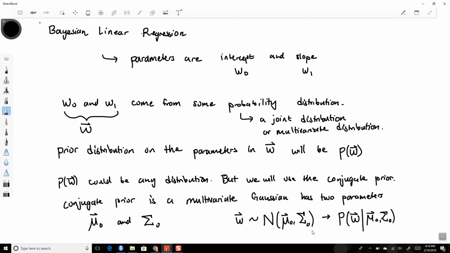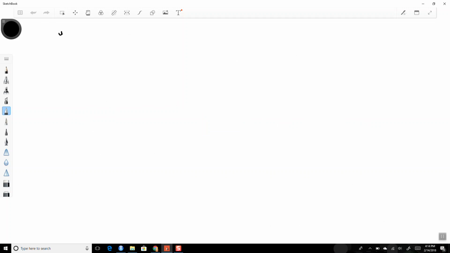And so following Bayes' rule, what we want is the posterior, which is going to be the probability of our vector W given the data, okay? I guess we'll have our data matrix X and our responses T, okay?